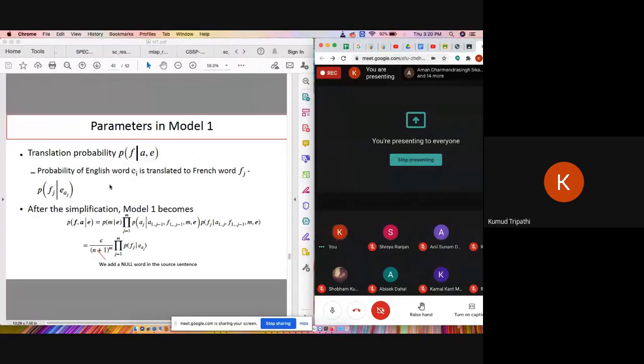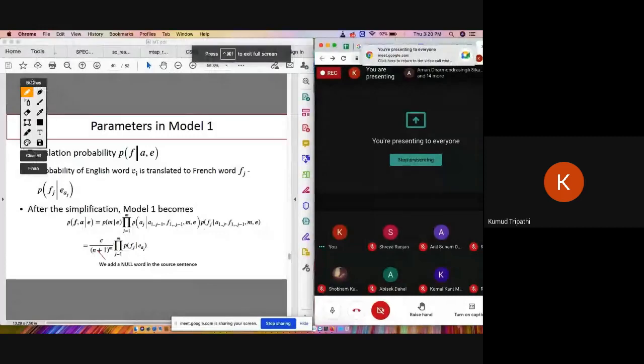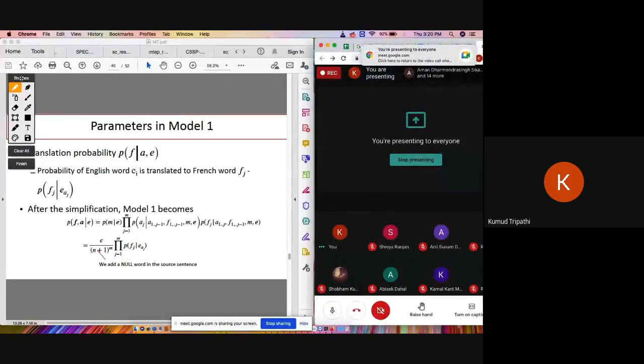Now let's try to simplify the previous expanded probability formula. This was the formula we have seen in the last slide. This is the length probability, this is the alignment probability, and this is the translation model probability. This is assumed as a constant value epsilon, and this is the uniform distribution 1 by n plus 1. Why this plus 1?